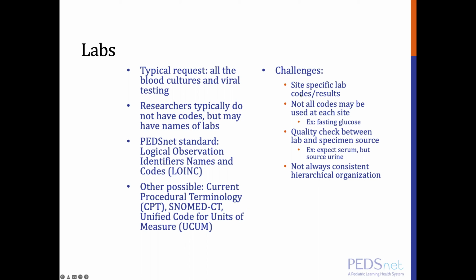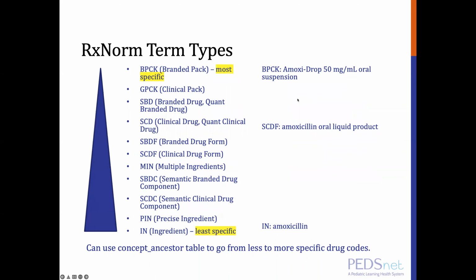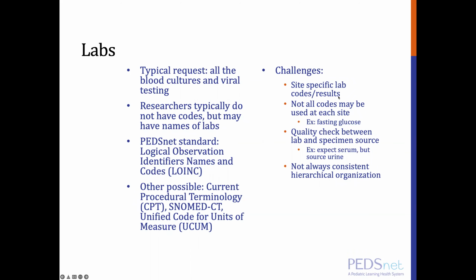Challenges we might have are if there are some very site-specific lab codes or results that they don't have mapped to LOINC codes. Not usually a big problem with the more common labs. This could involve things like genetic testing, or if their lab does its own test for certain things.